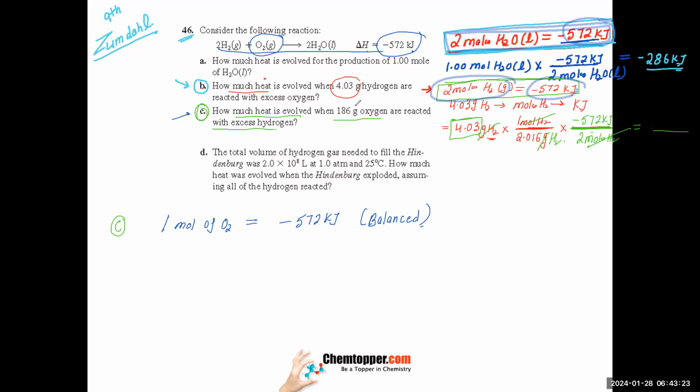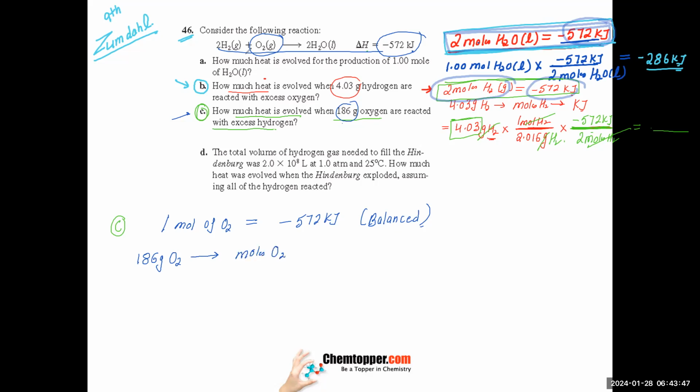Now, how to start? What is given? Start with what is given. What is given? 186 grams of O2. You will go from grams of O2 to moles of O2. Grams always has to be converted into moles. Why?